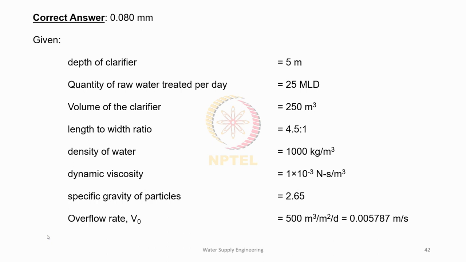Density of water, dynamic viscosity and specific gravity of particles are the same as in the previous question. And one more additional knowledge we know from the previous question, that is overflow rate. We have calculated it as 500 meter cube per meter square per day, which is equal to 0.005787 meter per second.